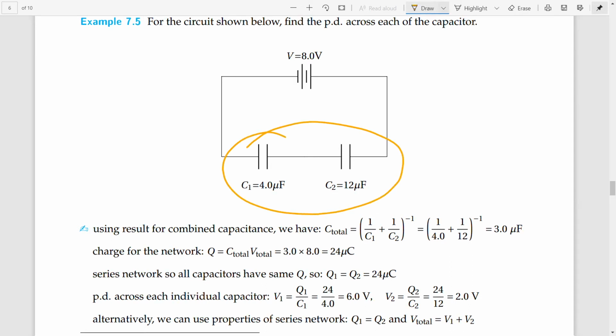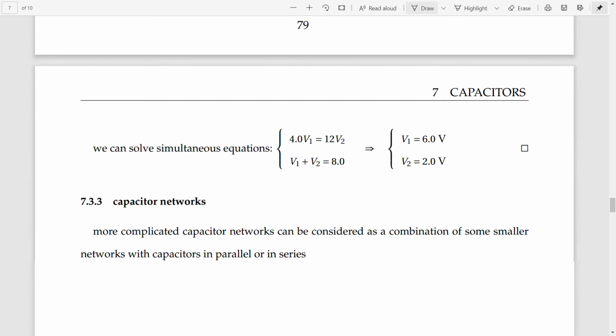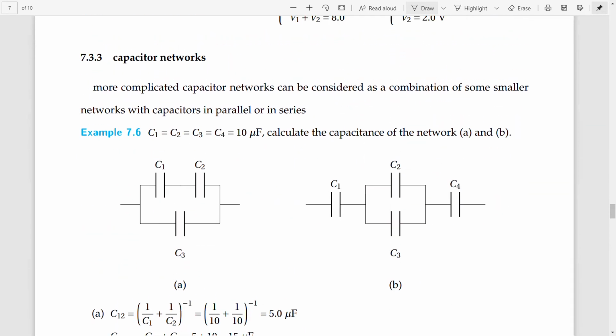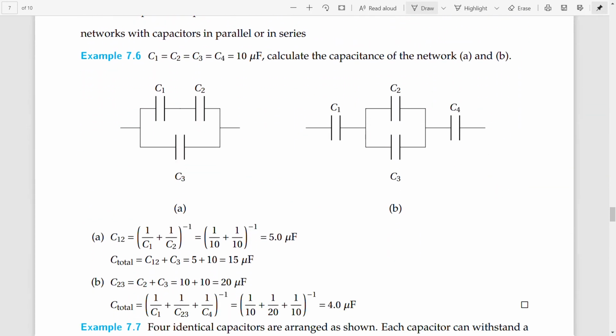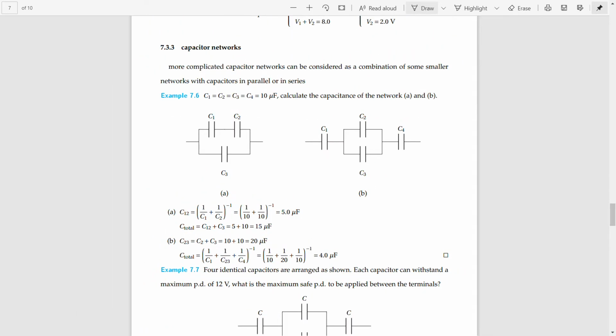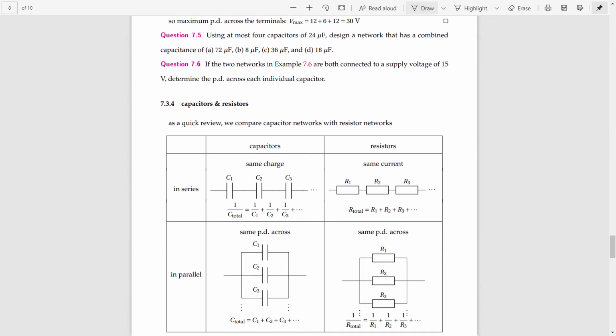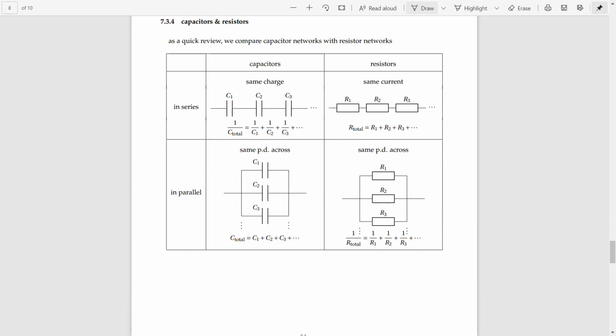You can pause the video and see the answers. Capacitor networks are very simple. Just pause it once and see the answer. These are the main things you need to know.